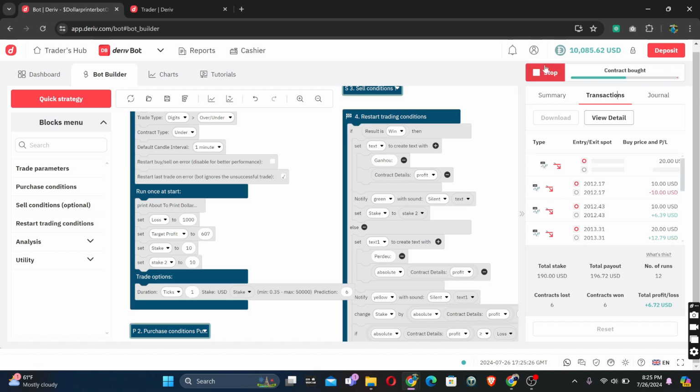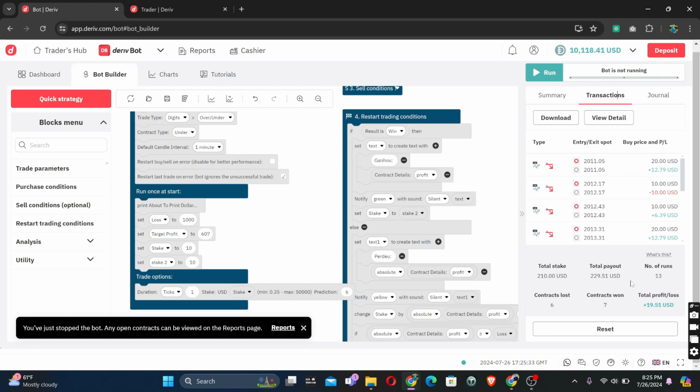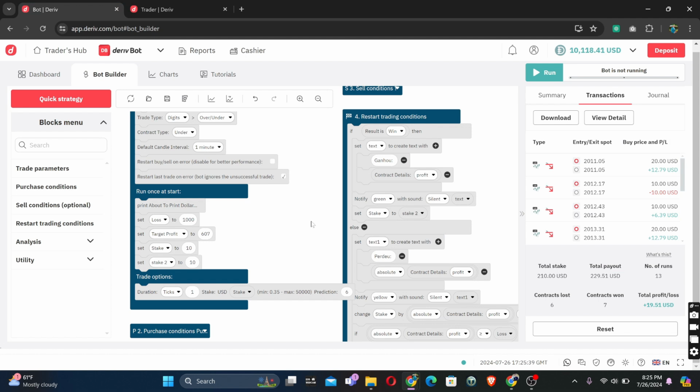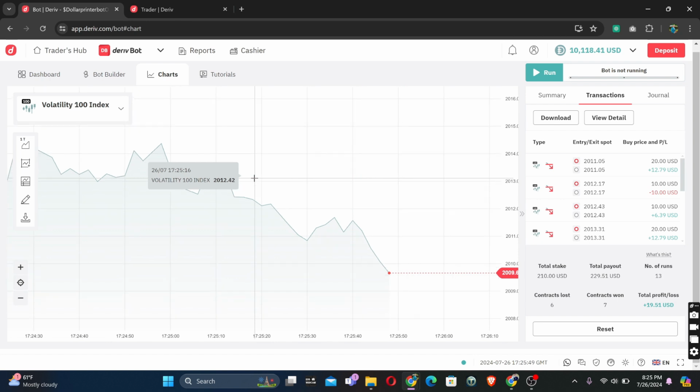Let's let this win here, and then we can close and proceed. Yes, you can see that it got like 19 and all that. So remember, that is how you put this bot around this area, and you can run it using your device and all that. Remember also, you can do analysis, you can change what you are trading, and a lot of things you can actually do here.